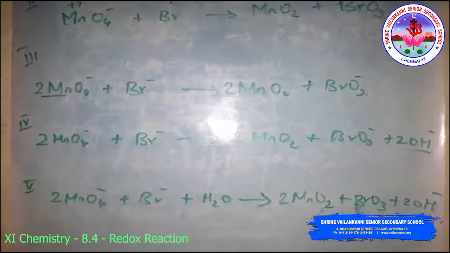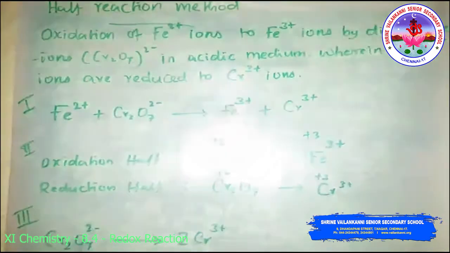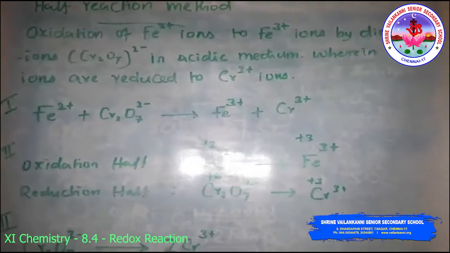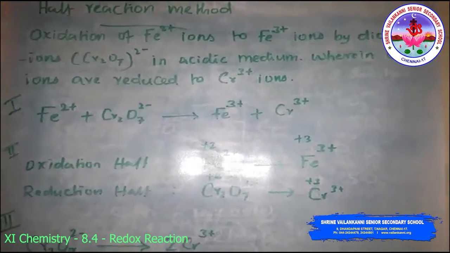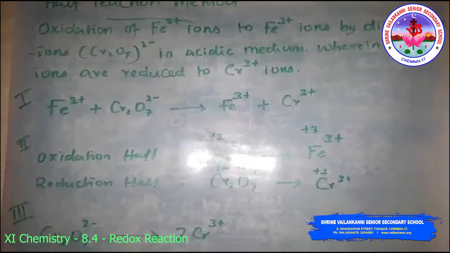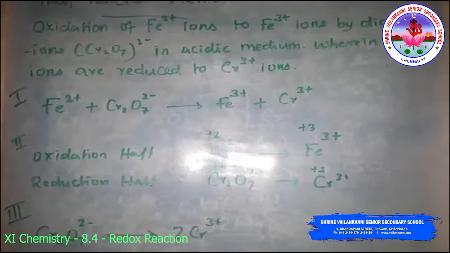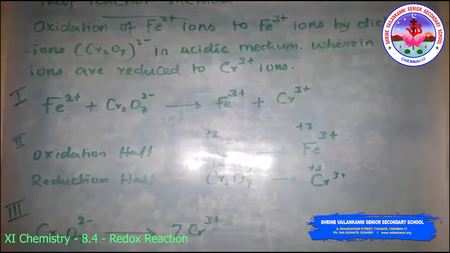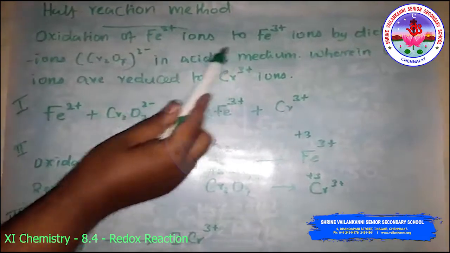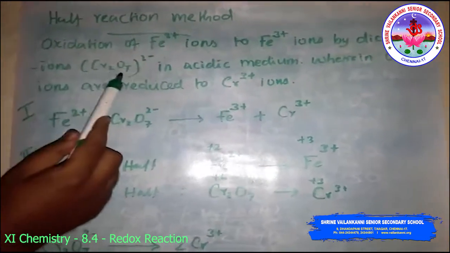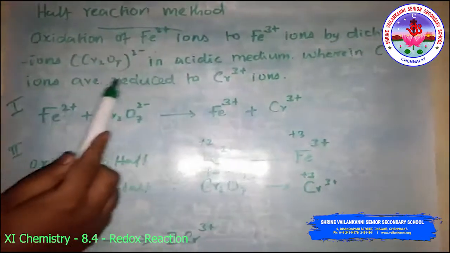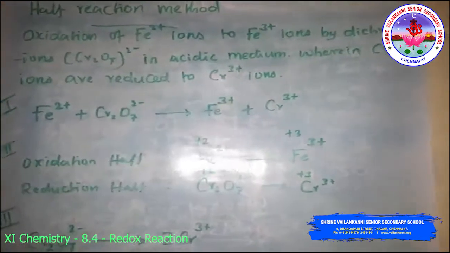Next is the half reaction method. In the half reaction method, the two half equations are balanced separately and then added together to give the balanced equation. Suppose we have to balance the equation showing the oxidation of Fe2 plus ion to Fe3 plus ion by dichromate ion in acidic medium, wherein dichromate ions are reduced to chromium 3 plus ion.